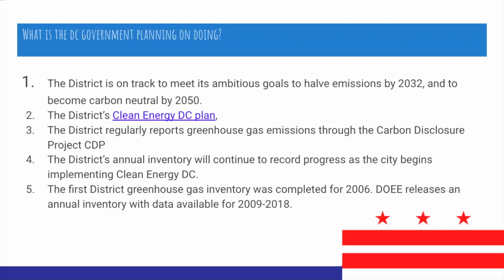In addition to enacting policies and programs to cut emissions citywide, the district government is also committed to reducing the carbon footprint of our own operations by cutting energy use, switching to more efficient fleet vehicles, and investing in renewable energy like solar panels.